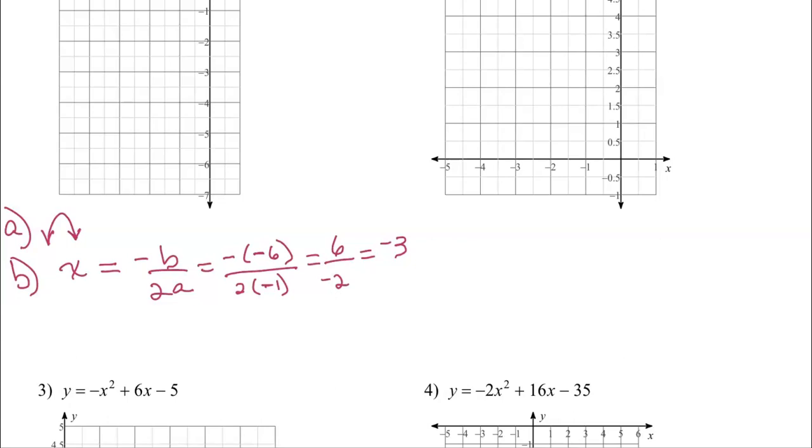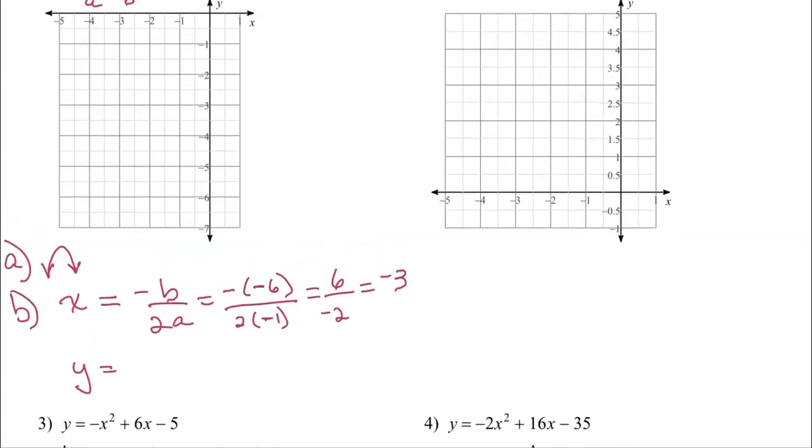So now let's get your y. To get your y, you're going to take your function, which is right up here, and you're going to say, okay, y equals negative x squared, minus 6 times negative 3, and then minus 11.